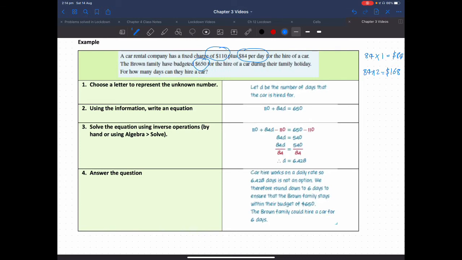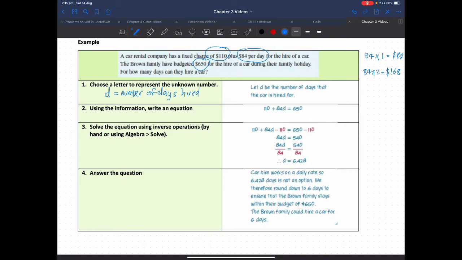First thing, I will stay using the letters that they've used in the question. D is going to equal the number of days the car is hired for. So that's my first step. I've defined the variable, the letter. How can I write the equation?